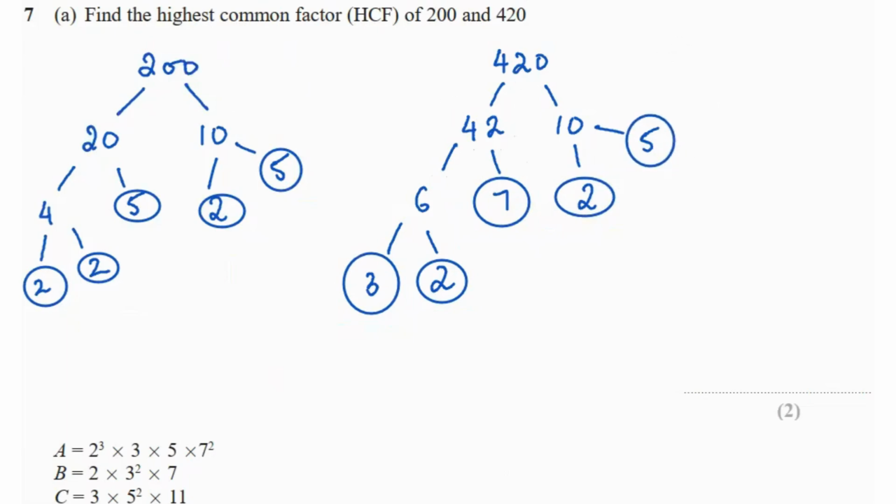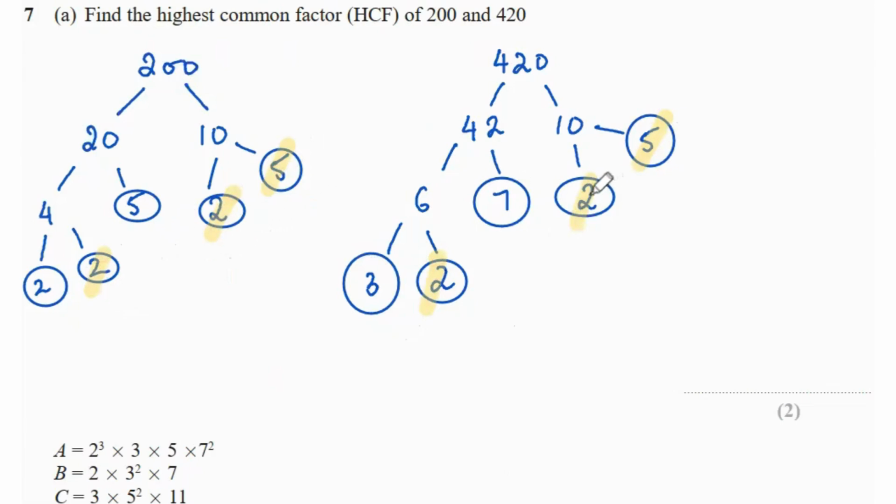So now we'll highlight the ones that are common because we want to find the highest common factor. So we can see that we have one 5 common. We have two 2s common. And that's it. We don't have anything else common.